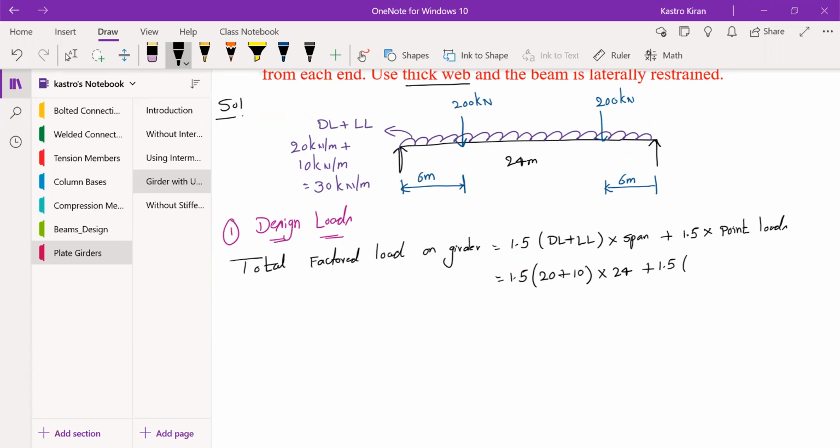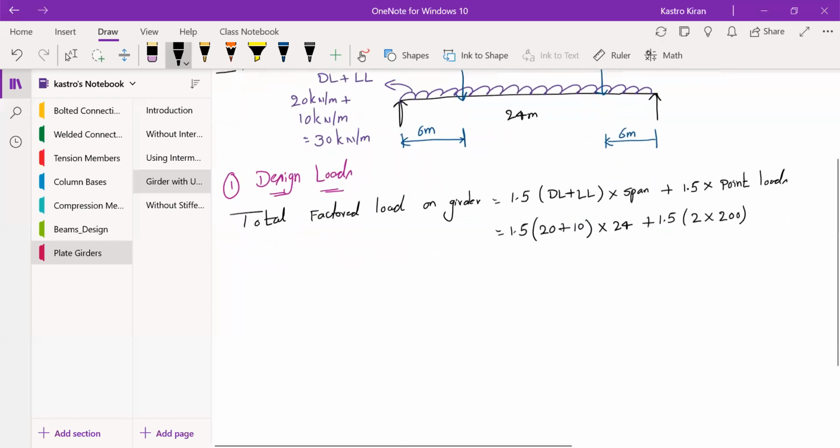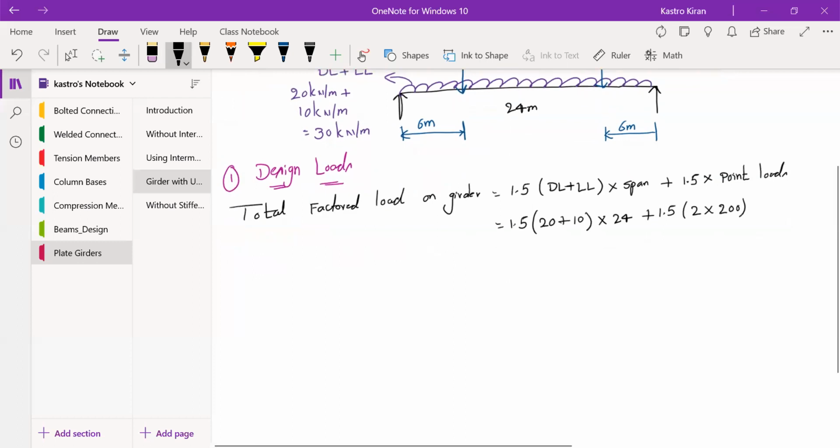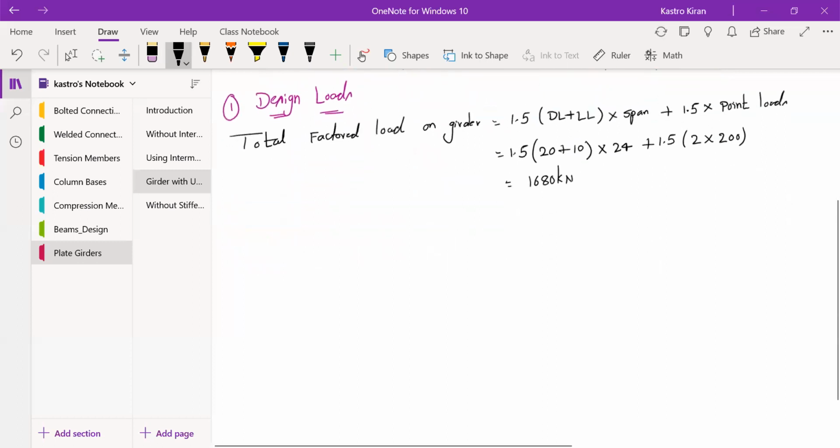How many point loads are we having? We have 2 point loads, so 2 times the intensity of each point load, which is 200 kilonewtons. Therefore, if you solve, the total factored load on the girder will be 1680 kilonewtons.